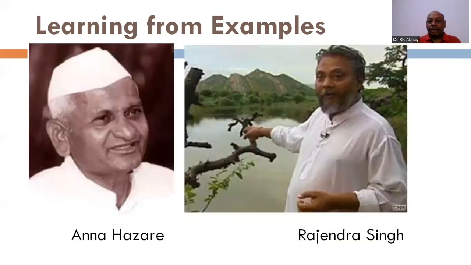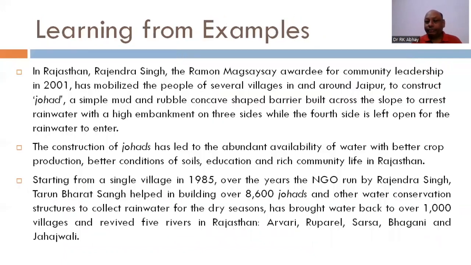Plus Anna Hazare, then you have Rajendra Singh, the waterman of India. In Rajasthan, Rajendra Singh, who is the Ramon Magsaysay awardee for community leadership in 2001, has revived lots of villages, and created and constructed lots of johads in and around the Jaipur area of Rajasthan.